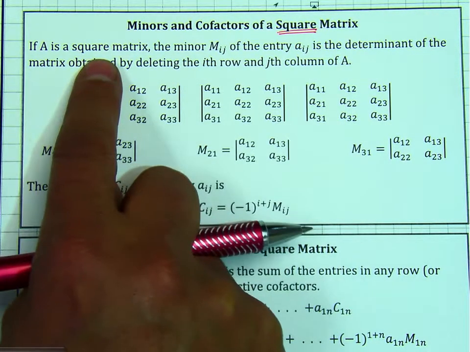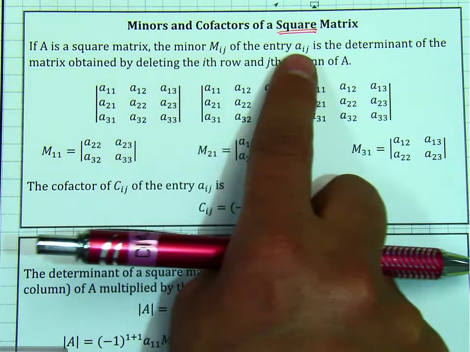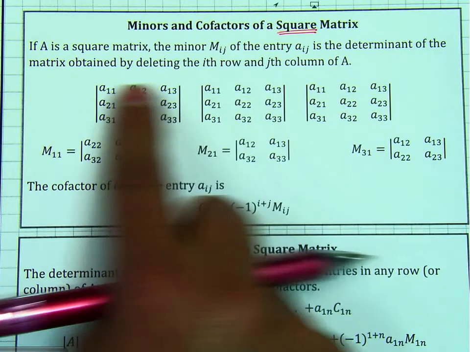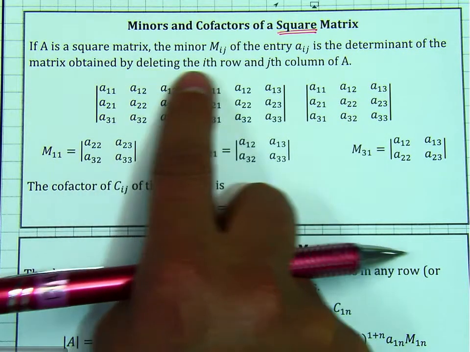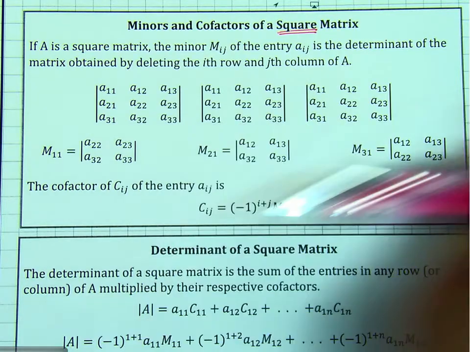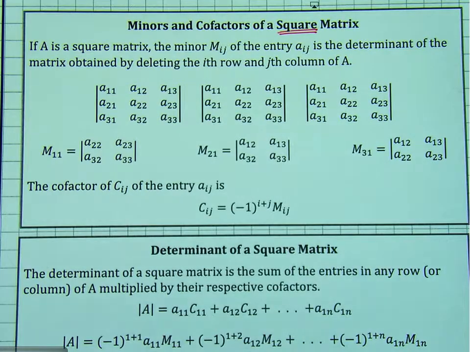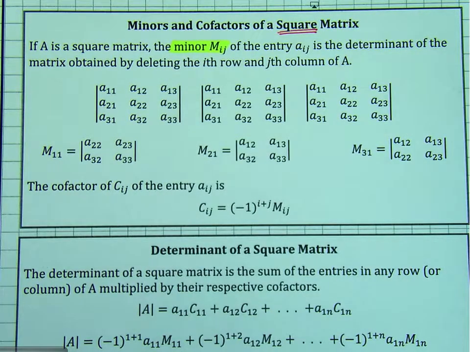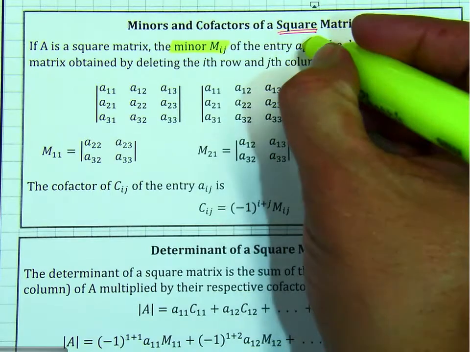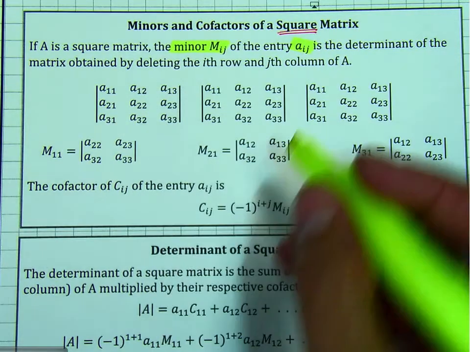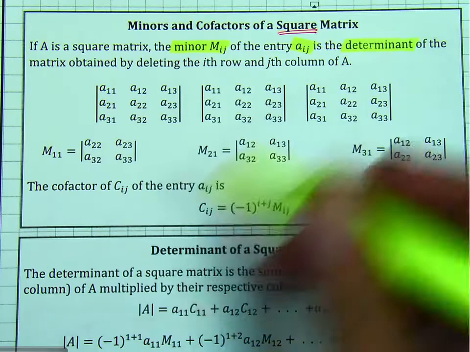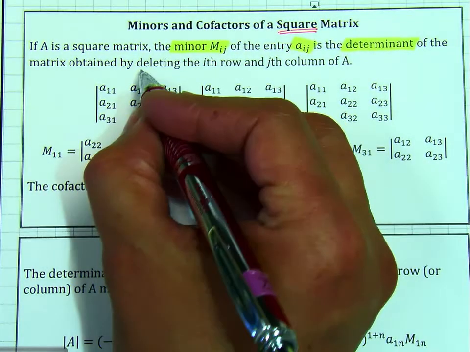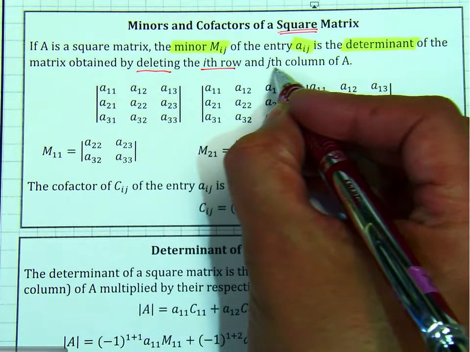So if A is a square matrix, the minor of entry Aij is the determinant of the matrix obtained by deleting the ith row and the jth column. So therefore, the minor Mij of the entry Aij is going to be the determinant of the matrix obtained by deleting the ith row and the jth column.